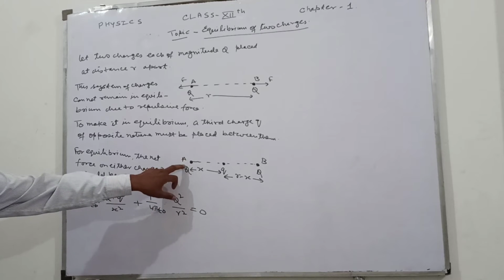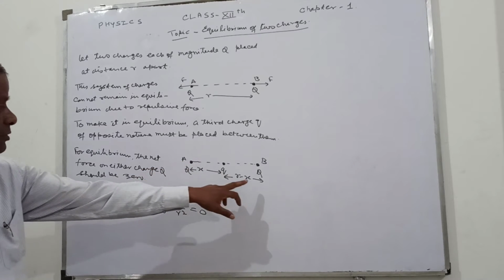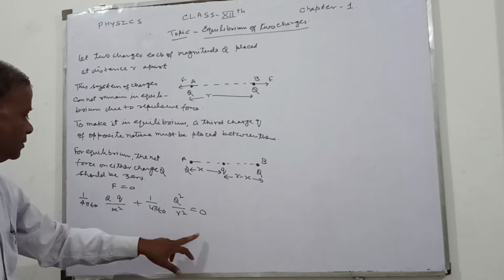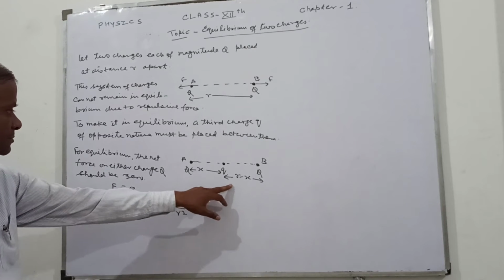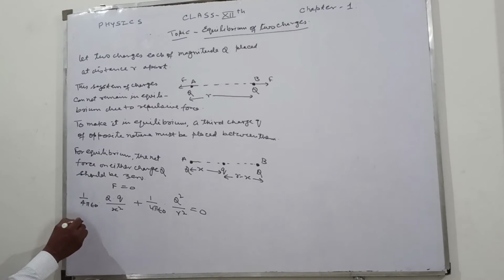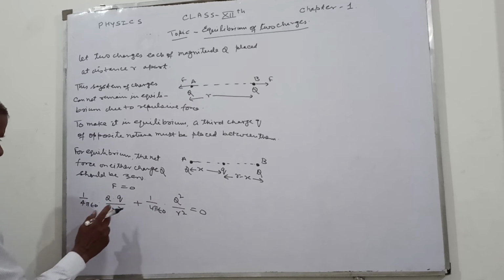We have to find the force on this one charge A or on this charge B. If we take the charge B, then the distance will be r minus x. Now you can see these two factors will cancel. This Q will also cancel from here.